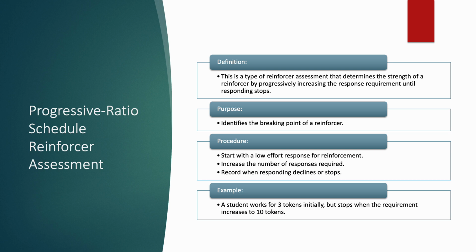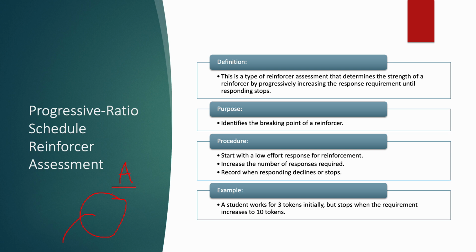So the procedure is very systematic. We start with a very low effort response for reinforcement. So let's say that all they have to do is, we can do the same example that I did earlier with the cup, and putting little papers in a cup, and then you earn a reinforcer, right? Or a specific stimulus.